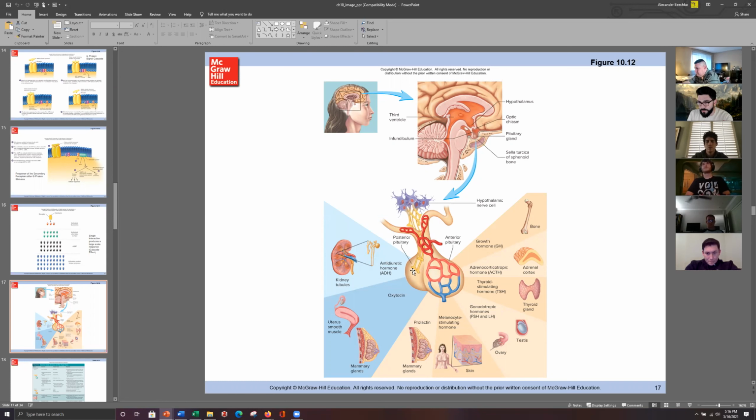It produces the hormones, but then releases them into the posterior pituitary gland, and then the posterior pituitary gland will release those into the circulatory system. Okay, so a little bit different. It's kind of nuanced, but it matters if you're trying to describe which glands produce certain hormones and which glands release them, and vice versa.